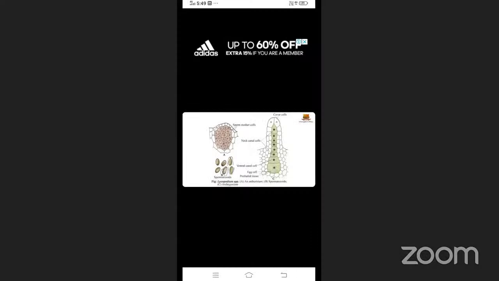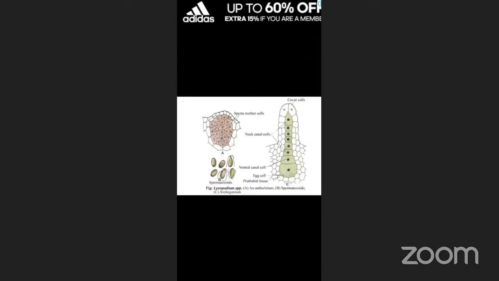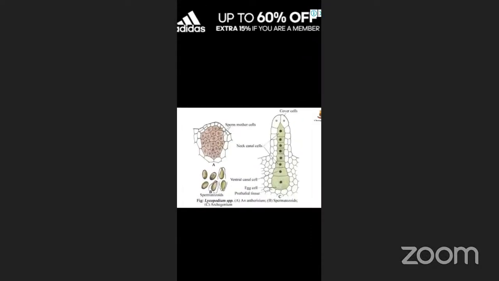Coming to the reproductive system of Lycopodium, see here, these are the antheridia and archegonia. When the gametophyte develops, it bears the reproductive organs on the gametophytic plant body.